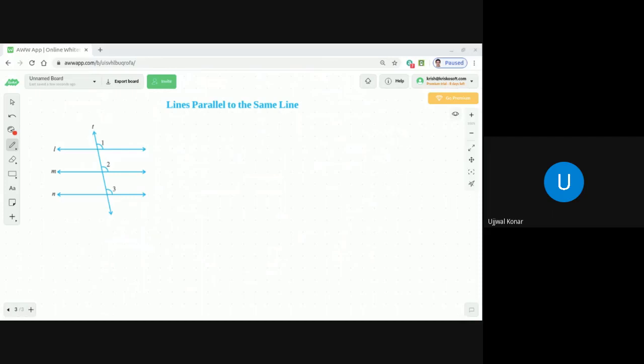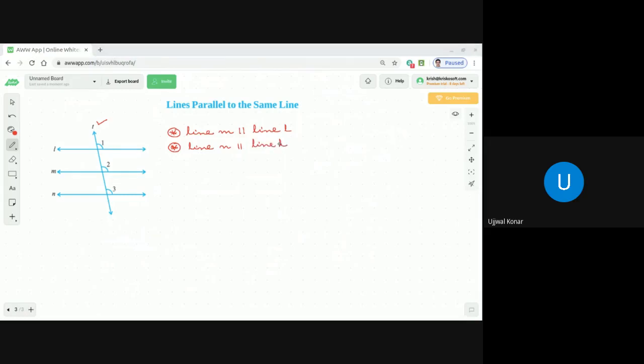Line T is a transversal to the lines L, M, and N. It is given that M is parallel to L and N is parallel to L. So T is a transversal, and it is given that line M is parallel to line L. The next one is that line N is parallel to line L.